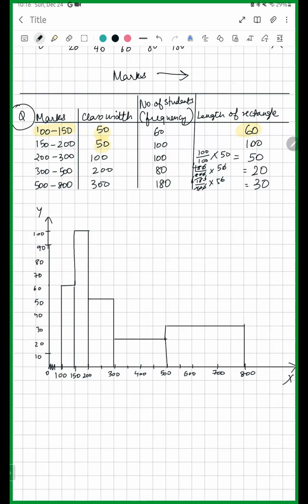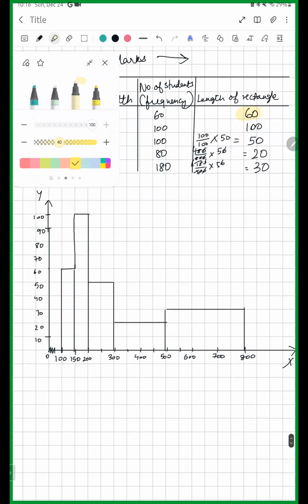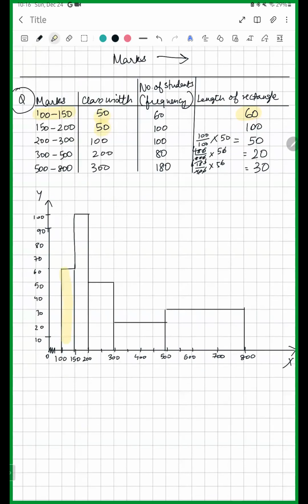So this is what our histogram will look like. Please note it down.